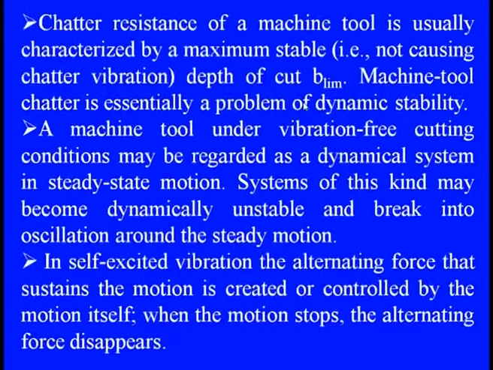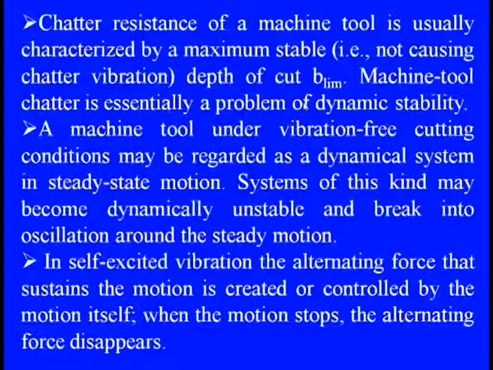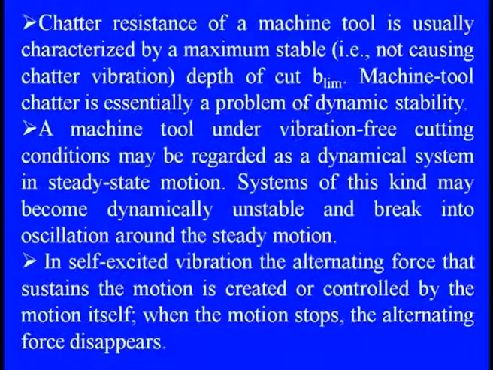So, a machine tool under vibration-free cutting conditions can be termed a dynamical system of steady state motion, because in this case we can at least remove the transient feature. And a system of this kind, in which steady state motions exist, can immediately go dynamically unstable when the self-excited vibrations or chatter vibrations increase in amplitude, when there is a diverging effect, and it can break into oscillation around the transient, and we need to bring this down towards the steady state.